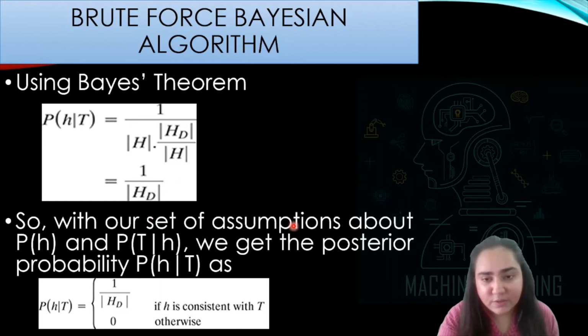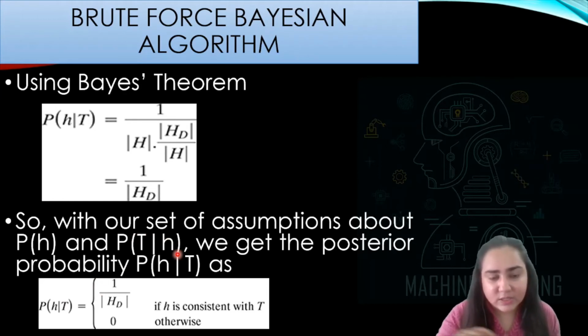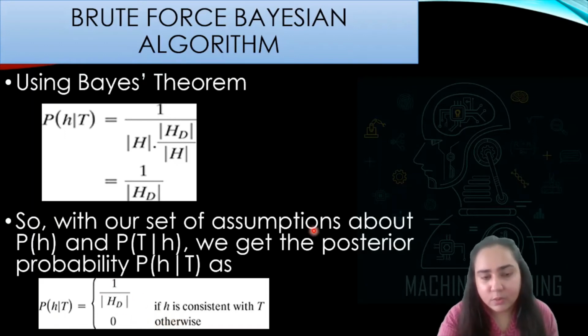And with our set of assumptions about P of h and P of T given h, we get the posterior probability P of h given T as this. So this is our posterior probability, that if h is consistent with T, we get 1 by mod HD and we get 0 otherwise. We saw this even before, right?